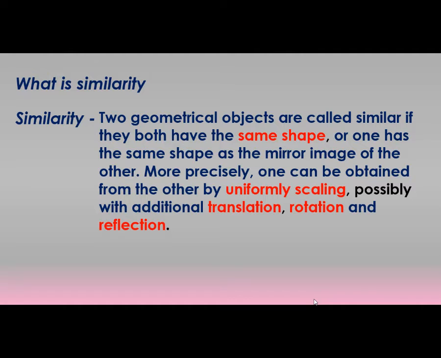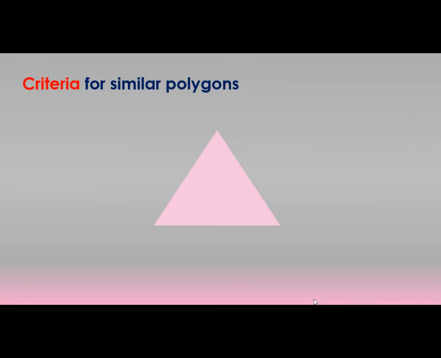More precisely, one can be obtained from the other by uniformly scaling, either by reducing or expanding, possibly with additional translation, rotation, and reflection. So basically, similarity means that if two objects have the same shape but maybe of different size, then they are similar figures.